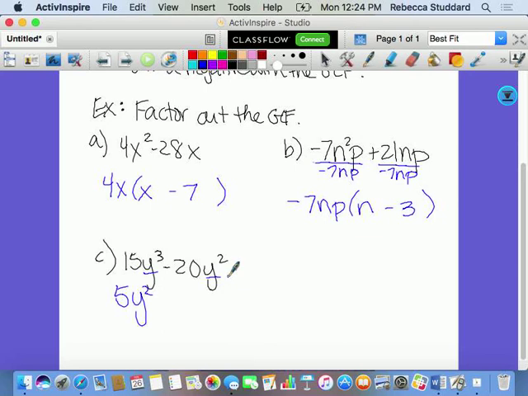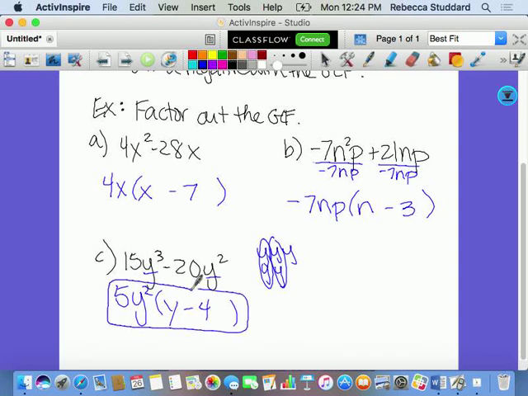They could only have 2 in common since this one only has 2. Like if we did y to the third is 3 y's and y squared is 2 y's, how many would they have in common? 2. All right, so our GCF is 5y squared. We take out 5y squared and we're left with y minus 4. Any questions on GCF?